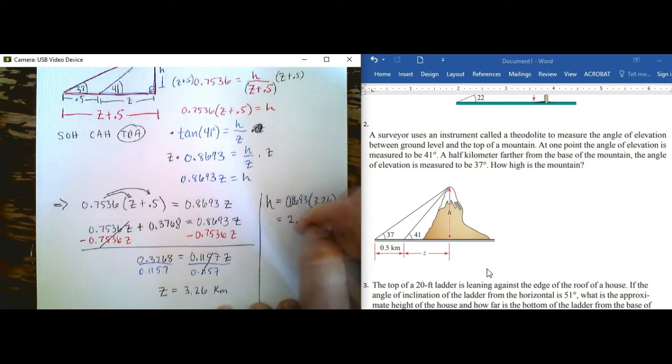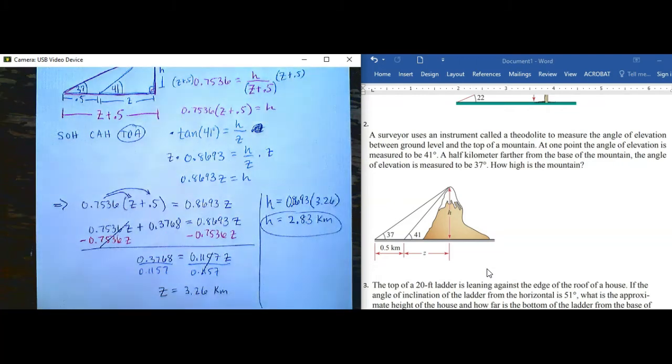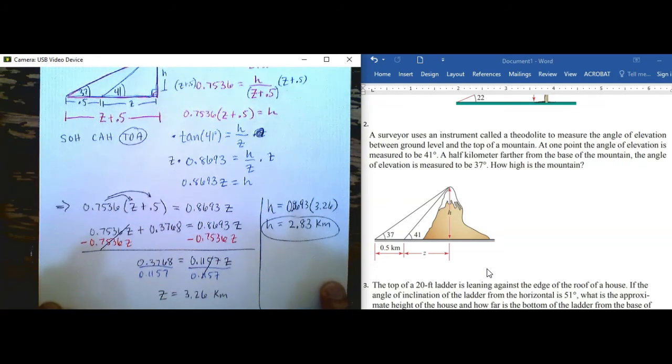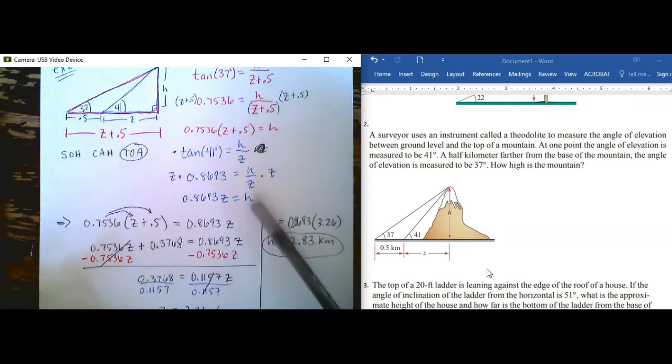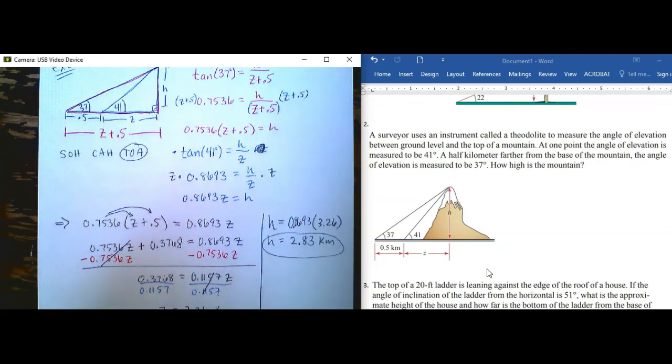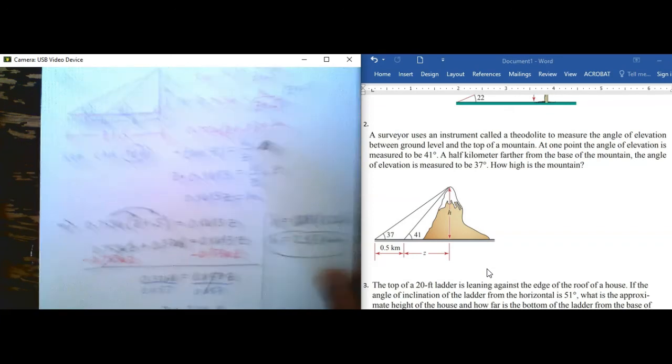Looks like 2.83 kilometers. Okay. So this one was a little bit tougher than the last one because we had to equate two of the heights together. Okay, so sometimes we'll need to do that. All right, moving on.